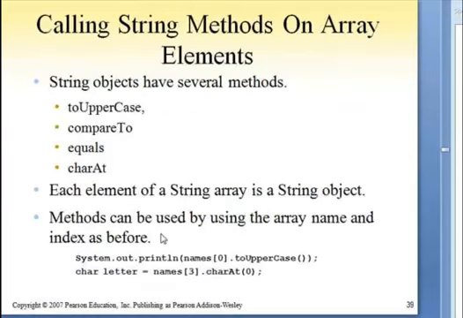You remember when we spoke about the string class, which looks like an array, it is similar. We can convert the content of one field to upper case, compareTo, equals, or charAt any position. Like in this example, we have a char letter and charAt of string 3 at position 0.